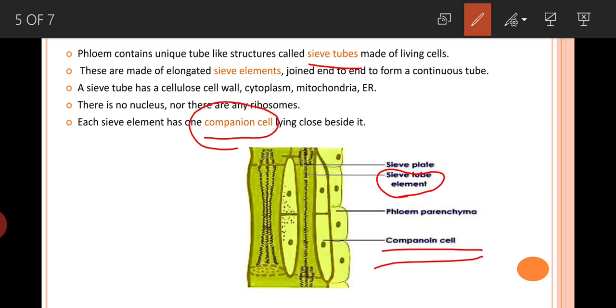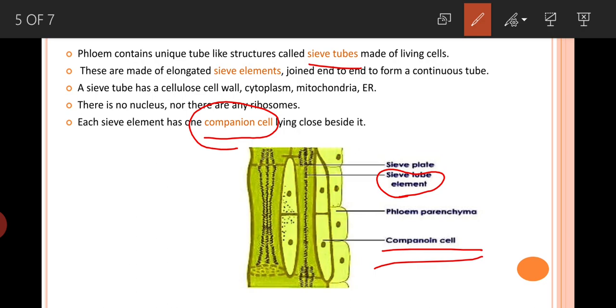These sieve tube elements are joined end to end to form a continuous tube which is known as the sieve tube.